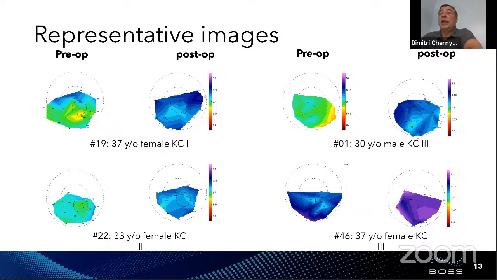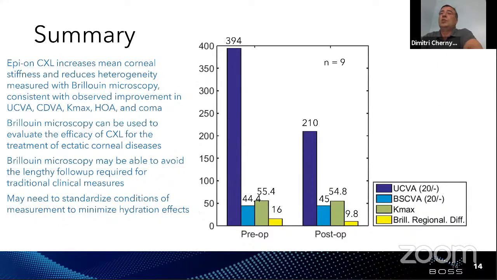And the amount of stiffening varies from one individual to another, but also from one location to another, which is one of the interesting observations that we've seen, where we see overall increase in mean corneal stiffness after the procedure, as well as reduced heterogeneity that we measured from those subjects.